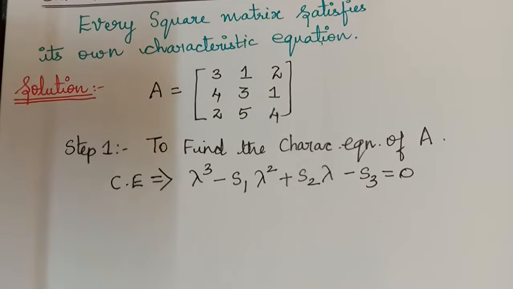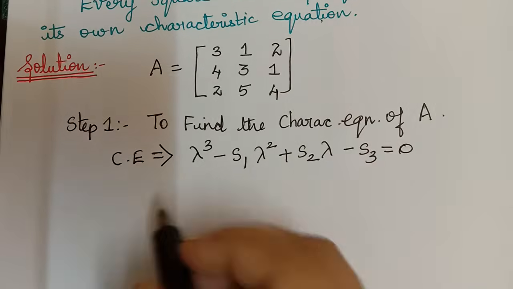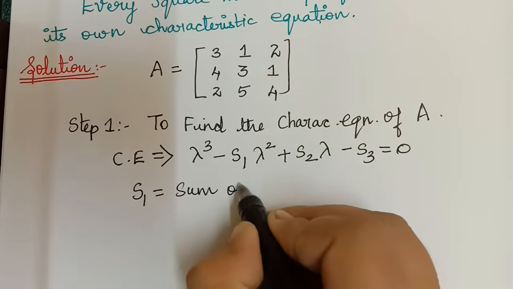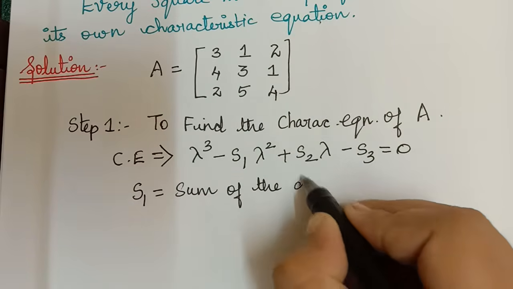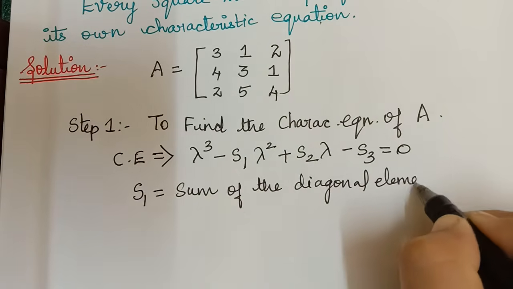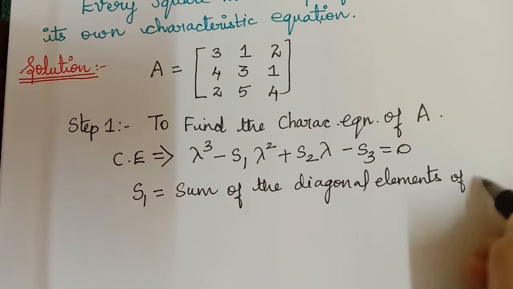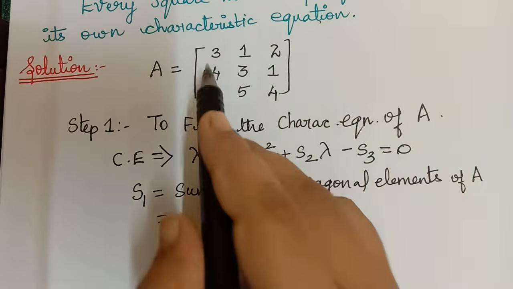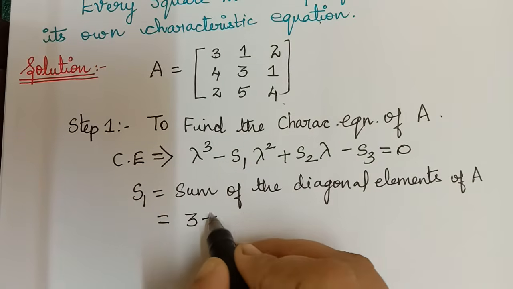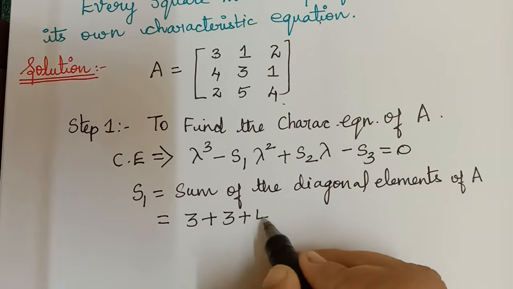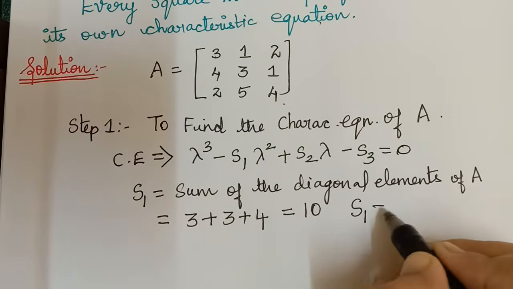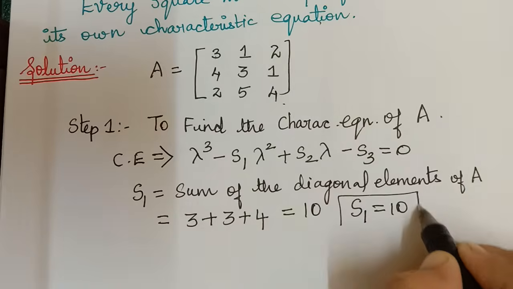Now we have to evaluate S1, S2 and S3, where S1 is equal to the sum of the diagonal elements of the matrix A. So what are the diagonal elements of A? 3, 3, 4. So we add 3, 3 and 4, and finally we get 10. So therefore our S1 is equal to 10 for this matrix.